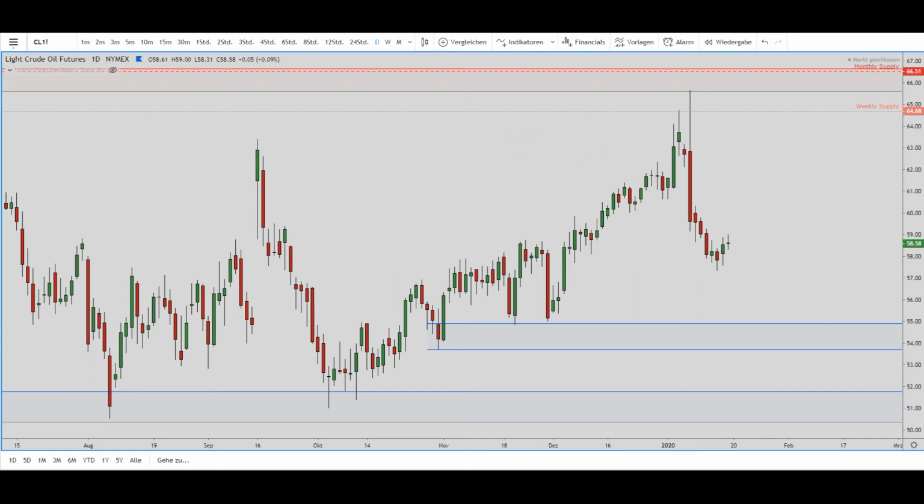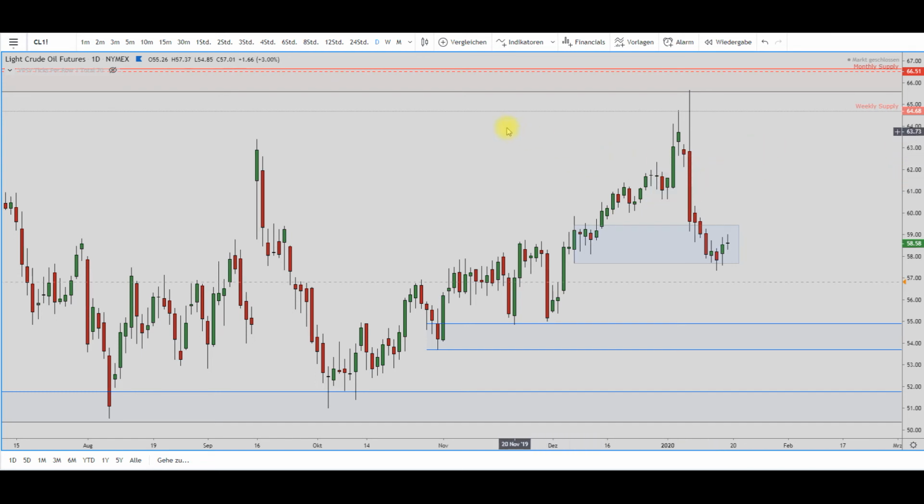So oil took out several levels of demand. Actually, this level was tested right down to its low. So I thought there's still a chance for it to reverse a little bit and maybe come up into the fresh supply zones.